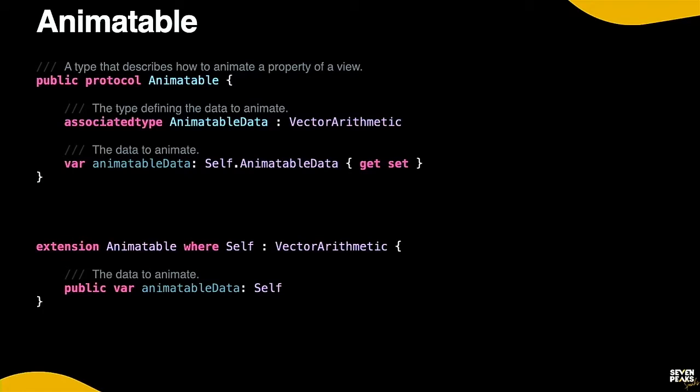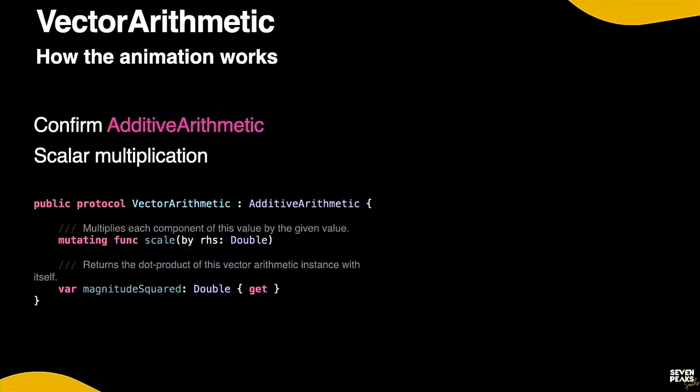So what is VectorArithmetic? VectorArithmetic is an extension of AdditiveArithmetic from the Swift standard library. AdditiveArithmetic provides an object the ability to do primary operations like subtracting or adding itself.